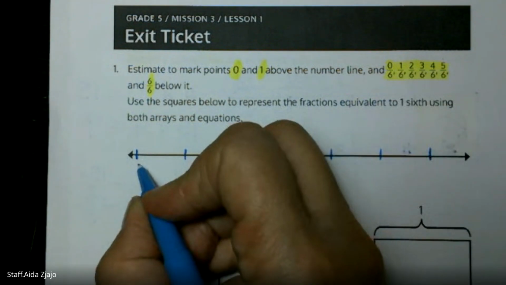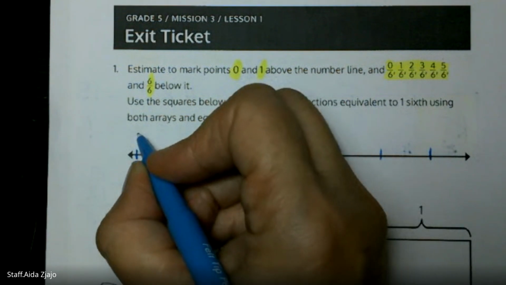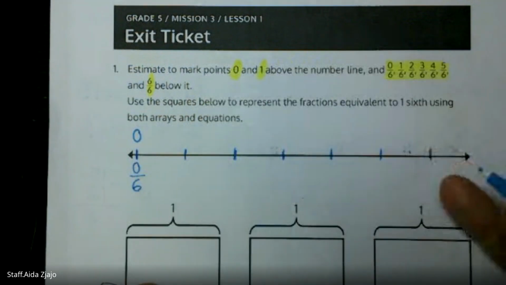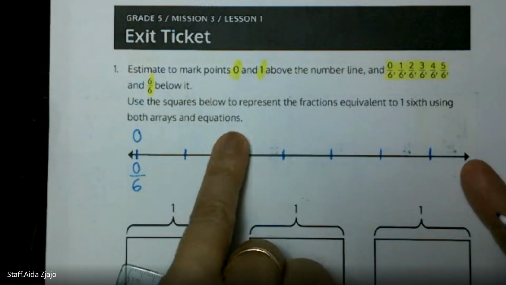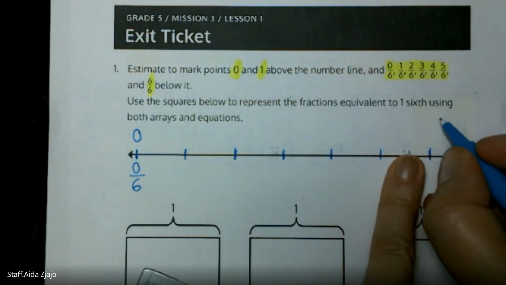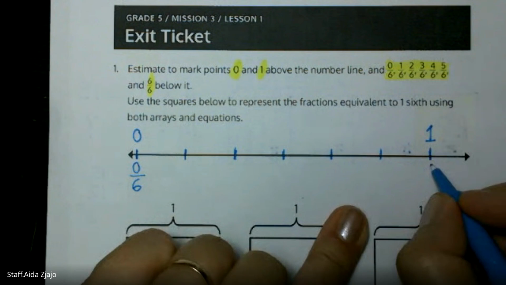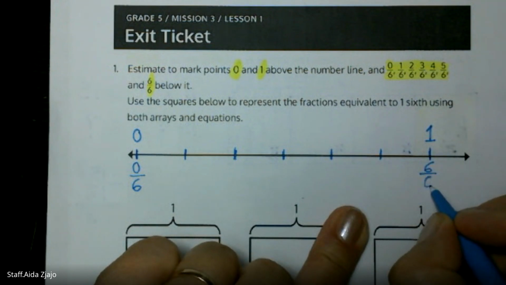Okay, the first is 0 out of 6, and also it's the benchmark 0. If I go 1, 2, 3, 4, 5, 6, this needs to be one whole, because that would be 6 out of 6 pieces.